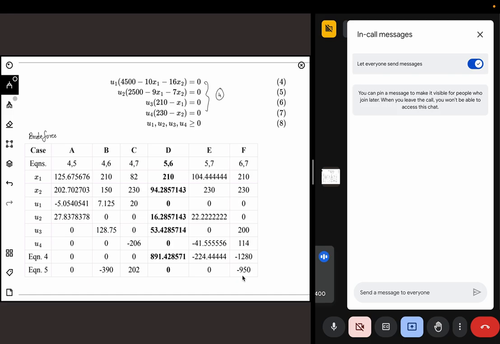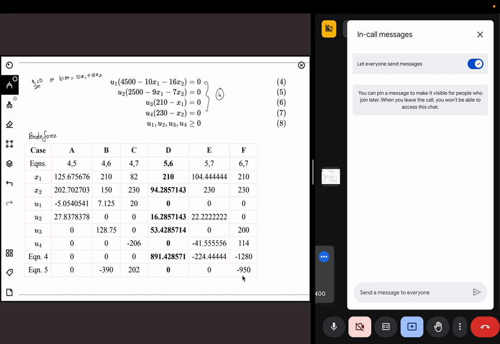Now you have all the tools like MATLAB where you can just put these equations and it will give you the solution. But if you are doing hand calculation, then you have to try all possible combinations. For example, if you take equation 4, it has two different states. You can either take u1 equal to 0 or you can take the entire expression to be equal to 0. Let's say u1 equal to 0 and then go into the next equation.